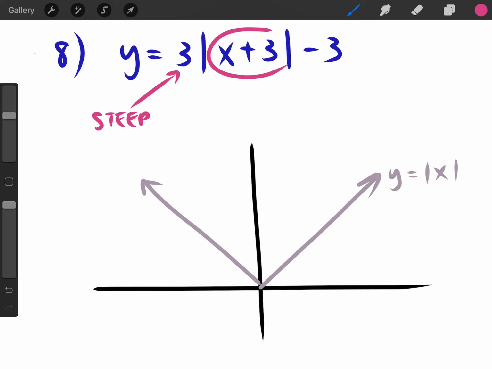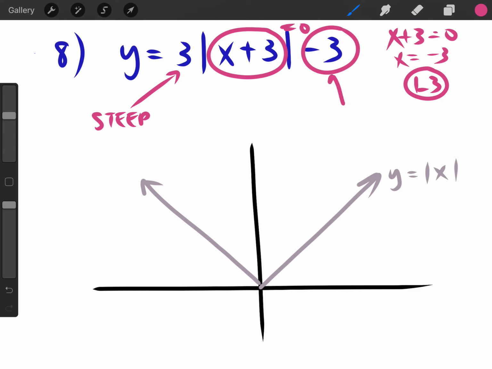So set the inside of the absolute value equal to 0. So x plus 3 equals 0, x equals negative 3. That means you're going to go toward the left by 3 units. And then you have a minus 3 over here, which means it's going to go down by 3 units. So you go from the origin, left 3, down 3, 1, 2, 3.